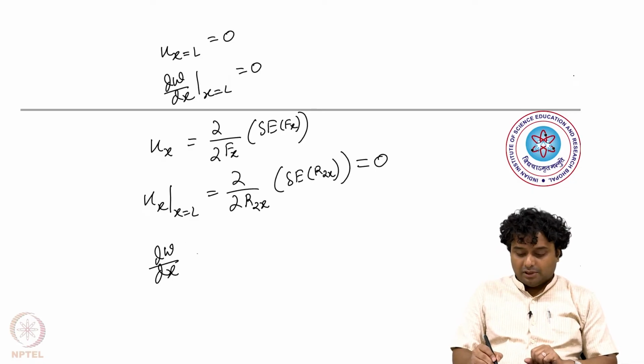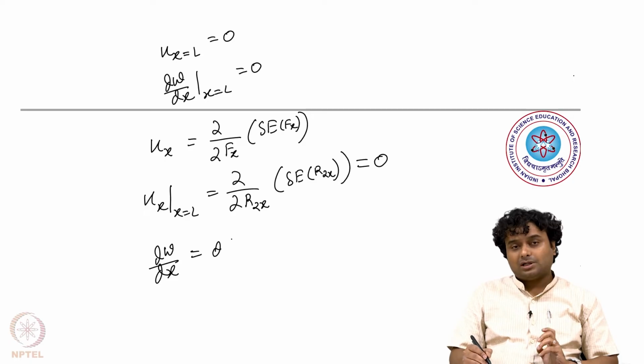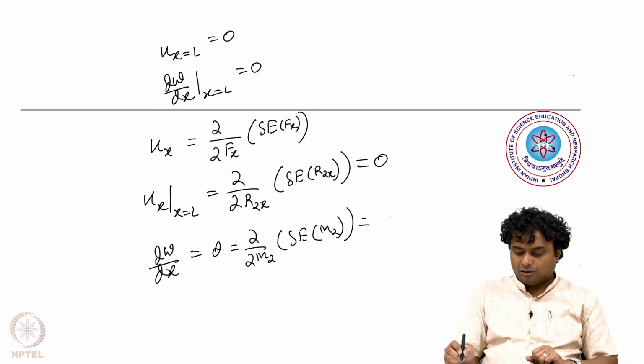So dw/dx is the slope of the beam, some angle, let us say theta. If theta is the deflection, then the force is actually the moment, and at x equal to L, what is the moment? That is M2. So according to Castigliano's theorem, the partial derivative of strain energy with respect to M2 is equal to 0.